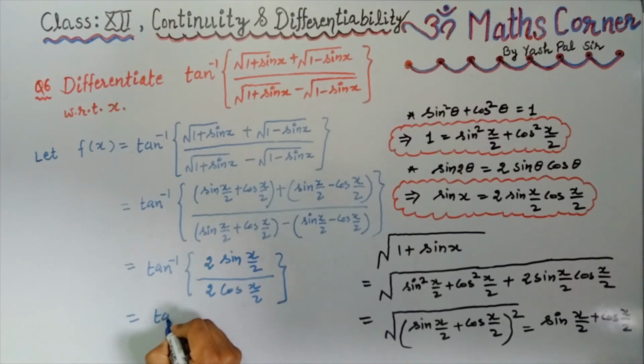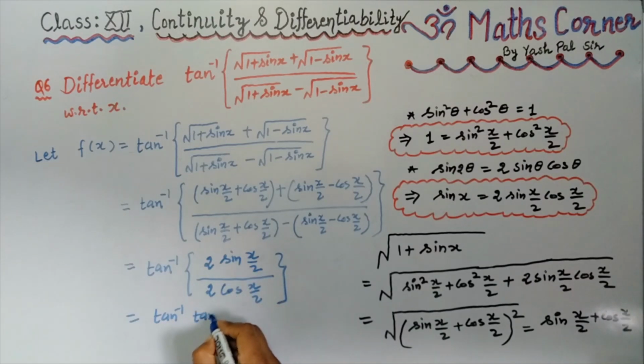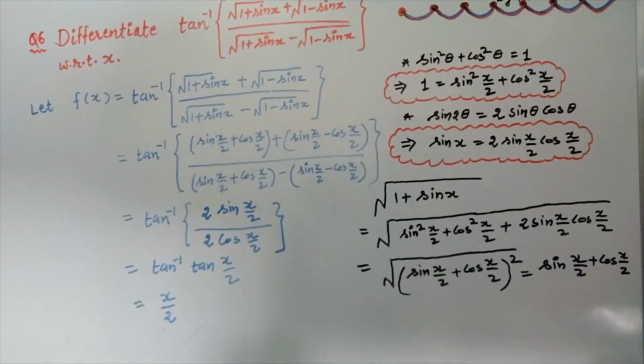So here this is equal to tangent inverse of, 2 cancels, sin upon cos is tangent of x by 2. Again tangent inverse and tangent cancelled, we are left with only x upon 2. Now very simple, if f of x is equal to x by 2, what is f dash x? The derivative of x by 2 is 1 upon 2. That's all. Now next question.